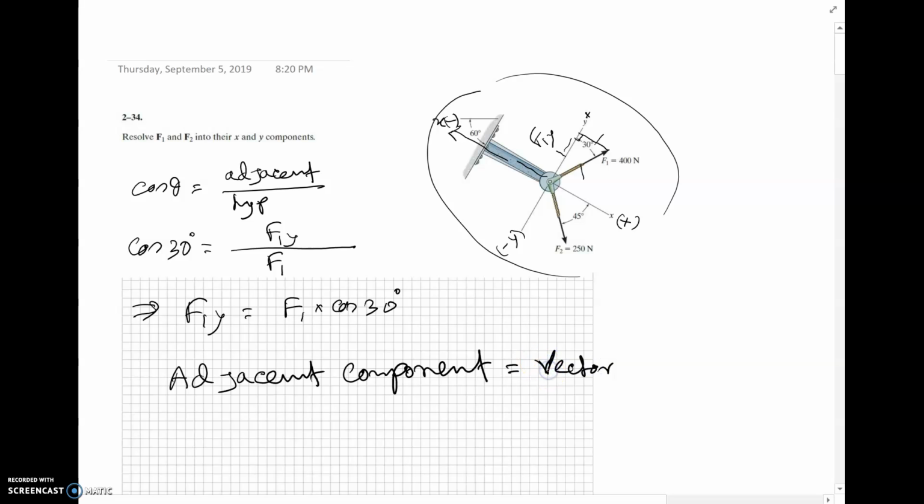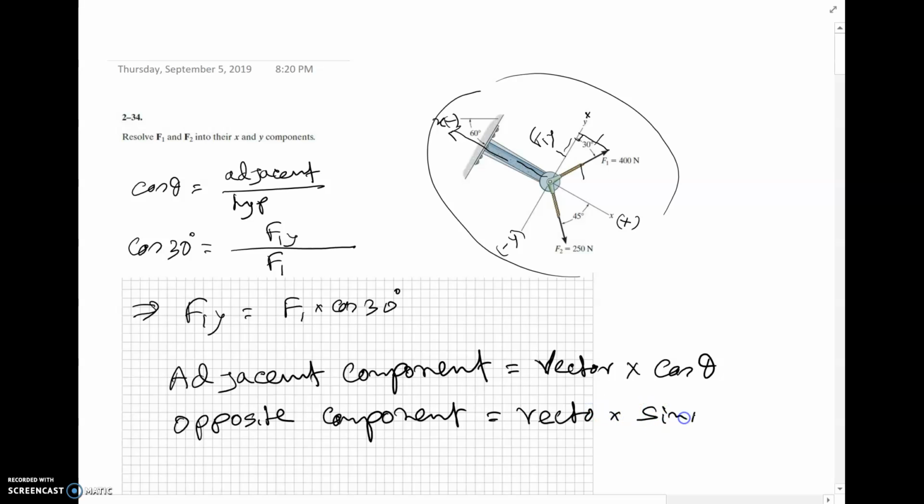So we can write this down here. The original vector into cos theta. The original vector into sine theta.